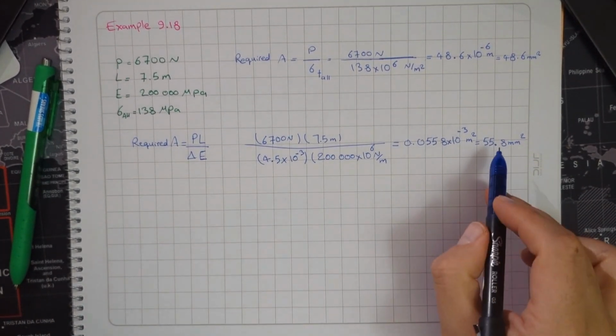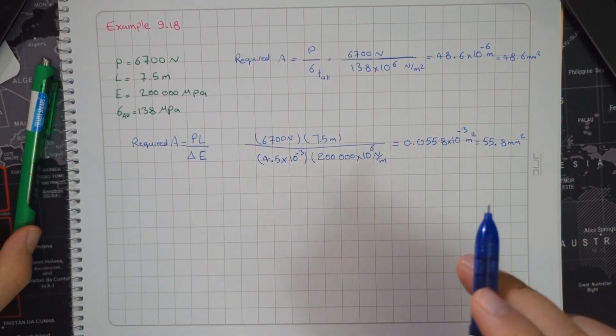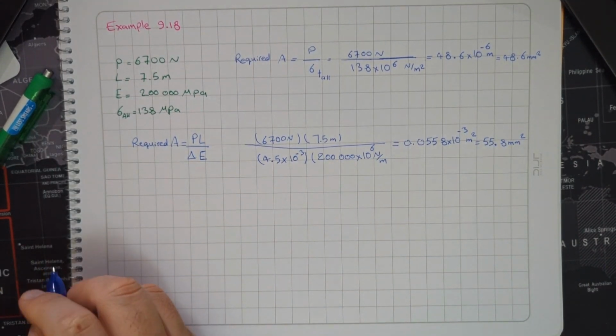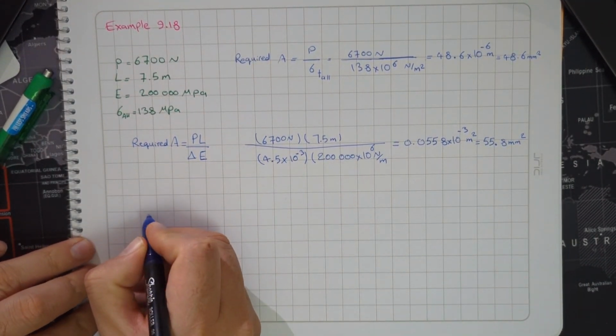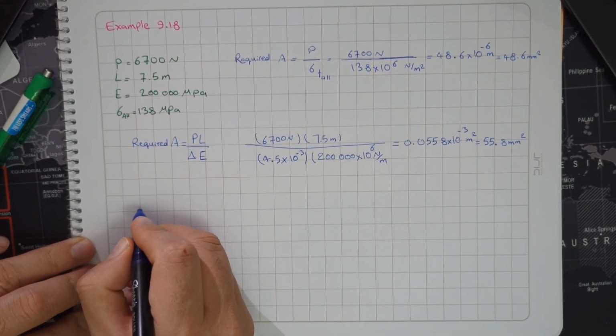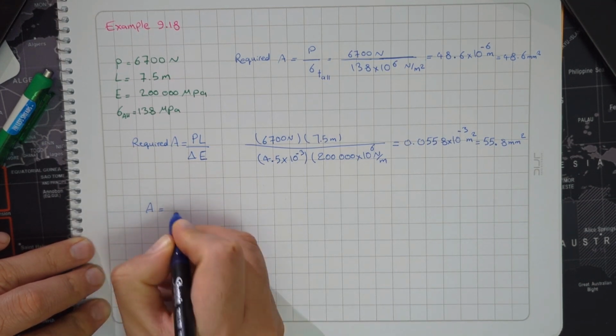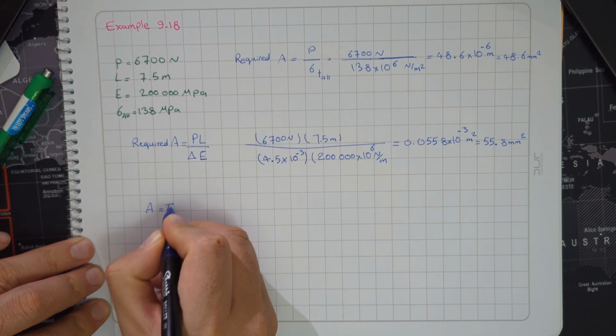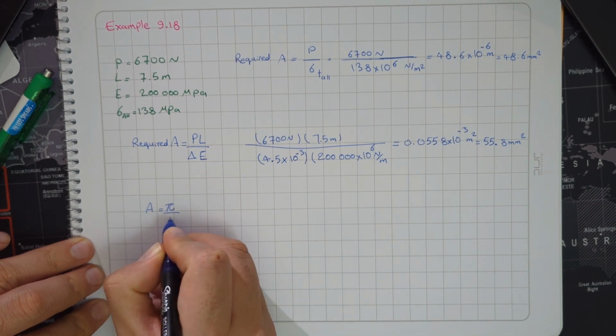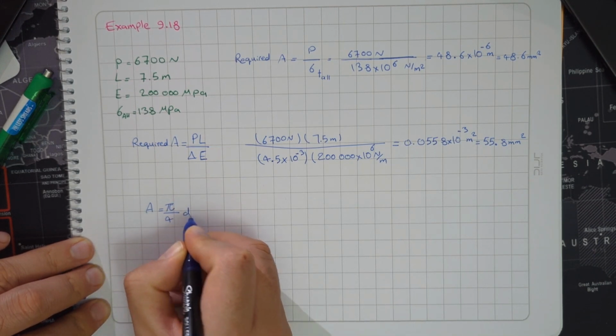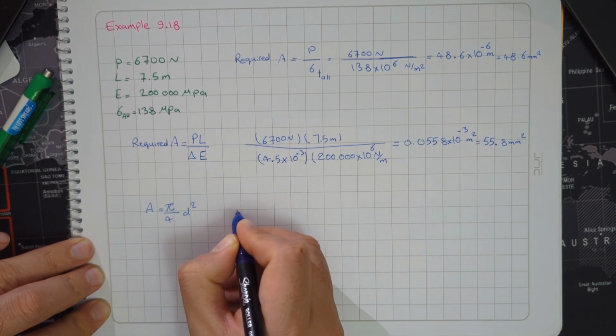So use the bigger one. And say A equals pi over 4 D squared, right?